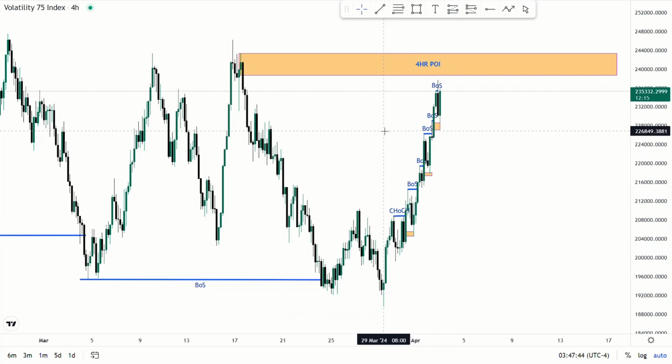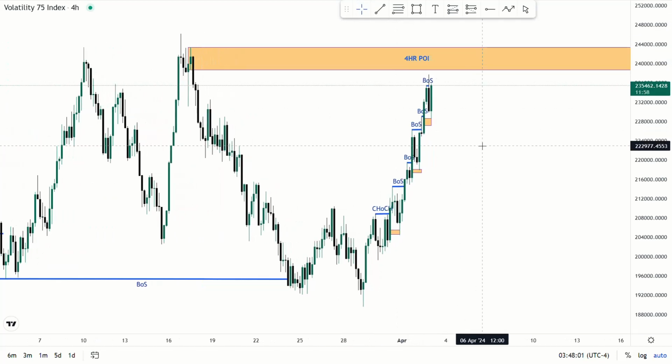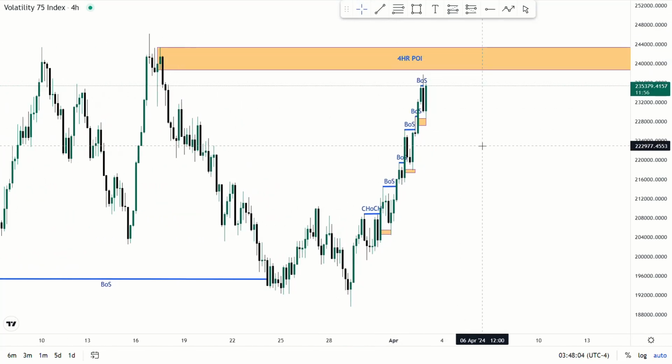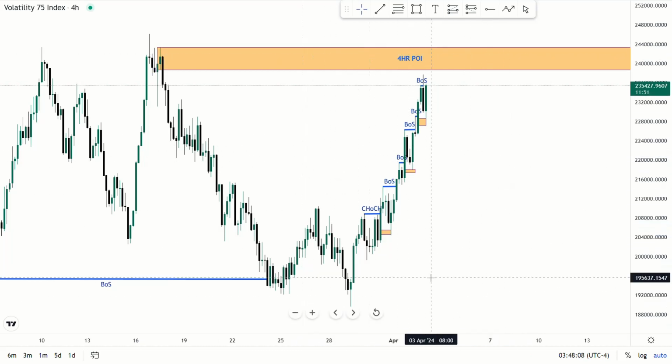If you are trying to trade it on the 4-hour chart, it's very risky, because if you entered somewhere here and tried to put your profit somewhere above there, it's very risky. But on your analysis time frame, the 15-minute, this is doable. This is very much tradable.